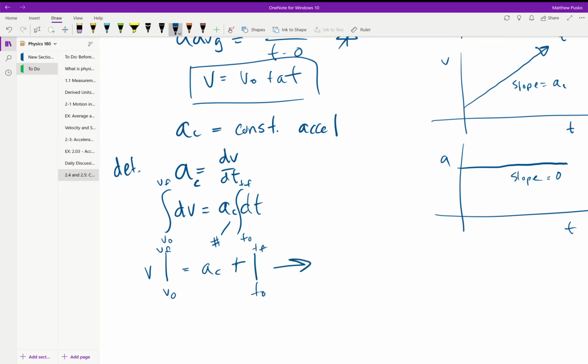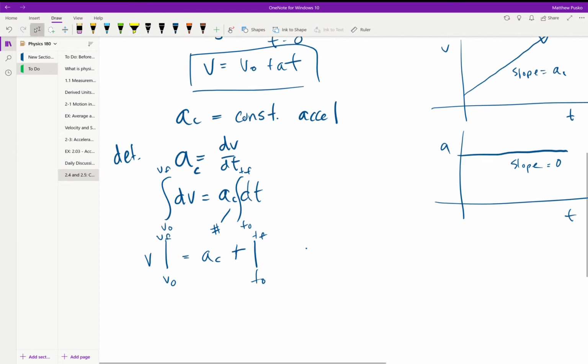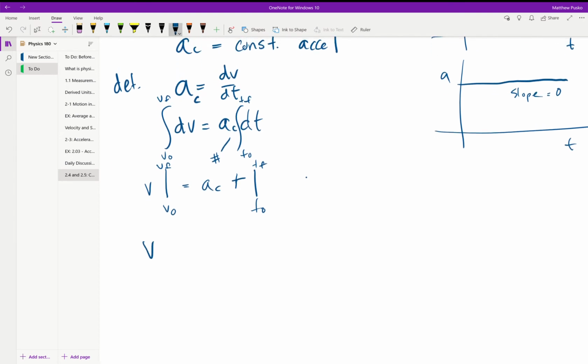This is going to give us velocity final minus the initial velocity is equal to the acceleration times t final minus t naught. All right, we got our first equation.